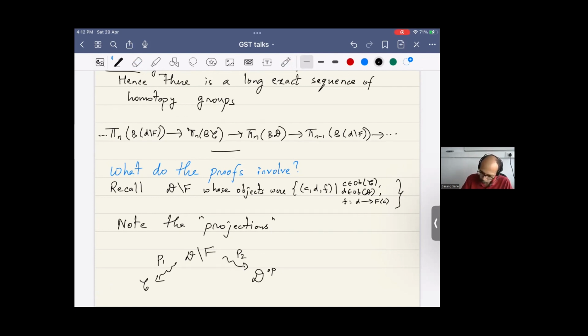One is a projection to the first coordinate, which is the projection to C. The other is a projection to the second coordinate. But since the maps are from D to F of C, this will actually go to D opposite. So you have to be careful about the morphisms. If you look at the morphisms and what it does, you can check that this actually goes to D opposite.